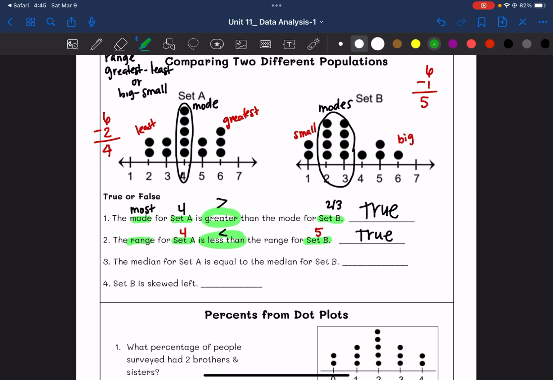The median for set A is equal to the median for set B. So this is telling me that it's equal, right? Well, now there's a way to find the median. If you can't do it with them placed like this, you can always rewrite them. And I'm only going to do one rewritten, okay? But I'm going to show you the way that I would do it on here, okay? I'm going to use the red highlighter. Actually, the purple highlighter.